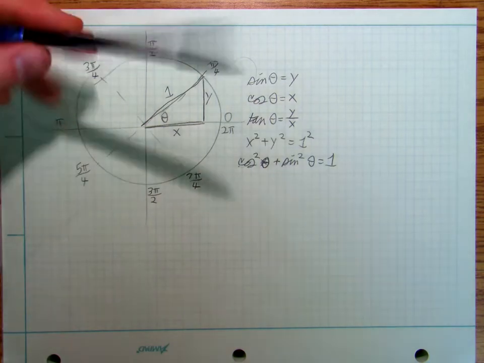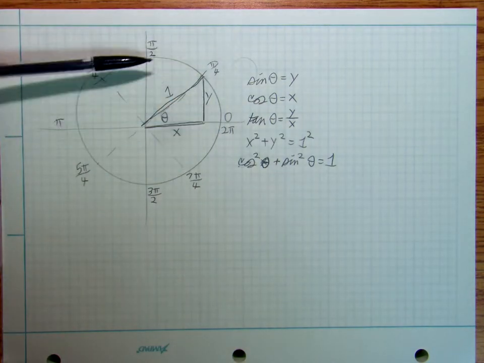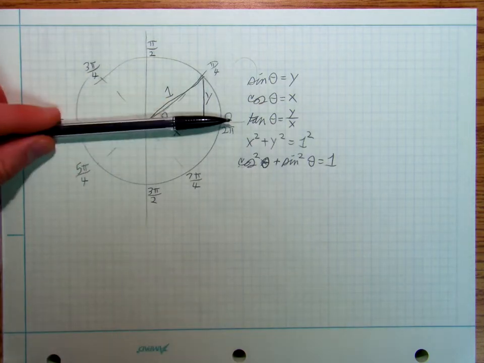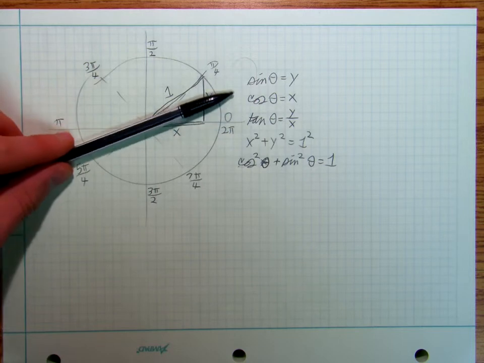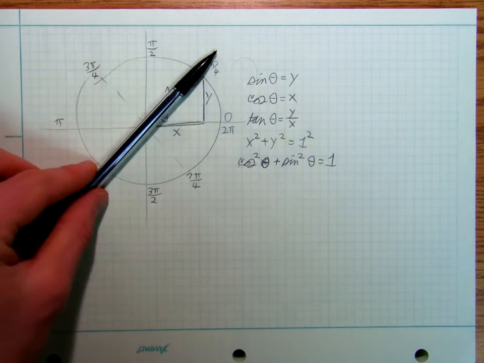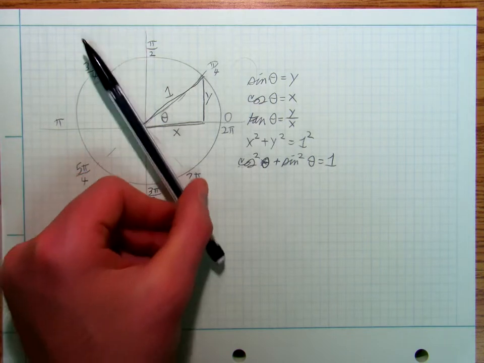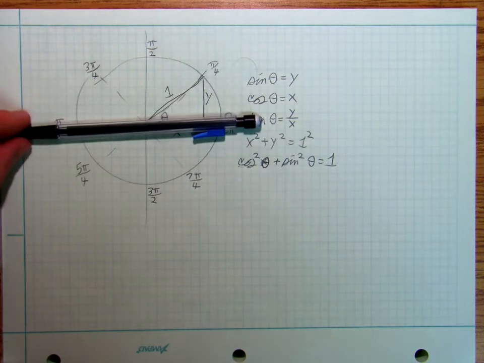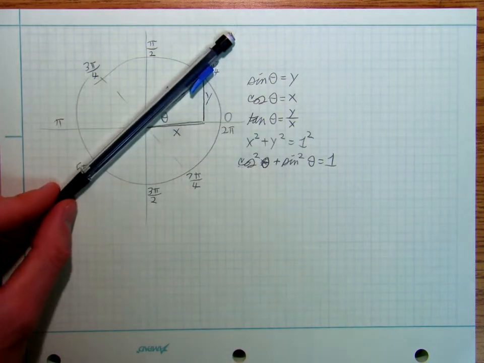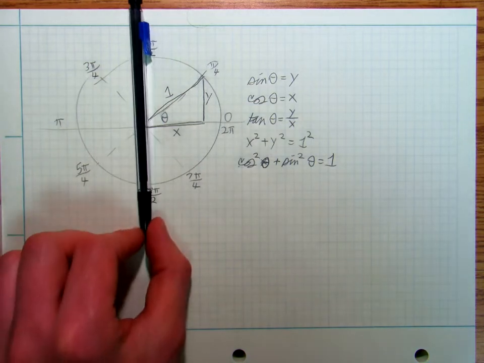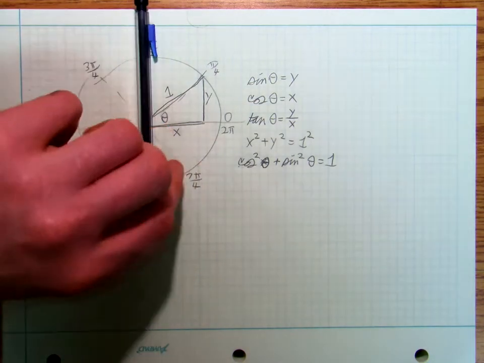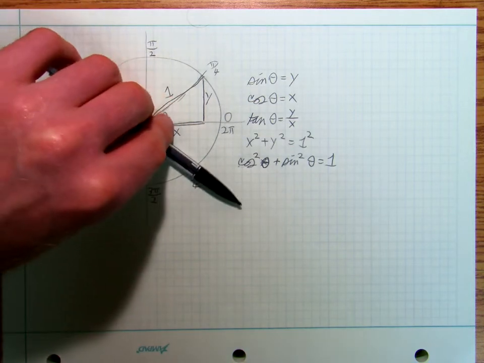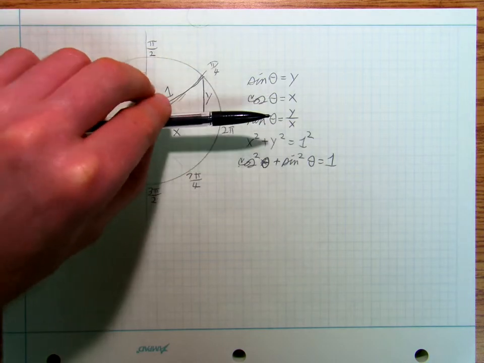So sine of theta is my y, cosine theta is my x, and so I start off and I know my sine of 0 is 0, my sine of pi over 4 is root 2 over 2, my sine of pi over 2 is 1, my sine of 3 pi over 4 is root 2 over 2, my sine of pi is 0, sine of 5 pi over 4 is negative root 2 over 2, sine of 3 pi over 2 is negative 1, sine of 7 pi over 4 is negative root 2 over 2, and the sine of 2 pi is 0.